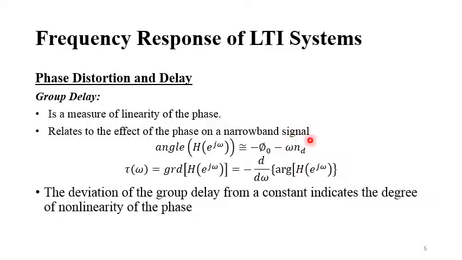That's what you get from the system. If I take the derivative of this angle, we can find minus d over d omega, because we are in the frequency domain, the independent variable is frequency, so we take the derivative with respect to omega.